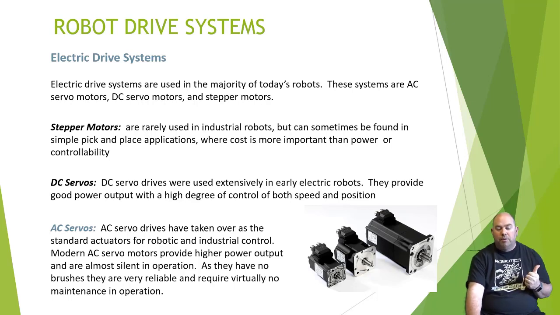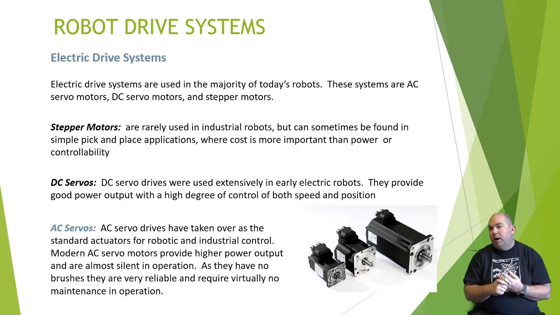Okay, and then the third one, the robot drive system, is the electric drive system. This is where everything has gone in modern robotics today, going to electrical drive systems. Typically what we're using now started off with some stepper motors, and then DC servos became popular.